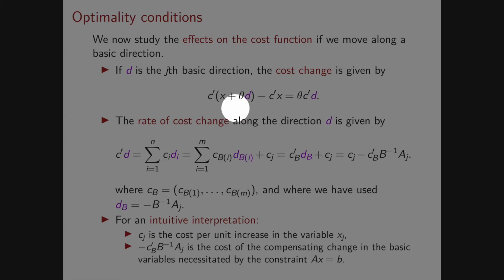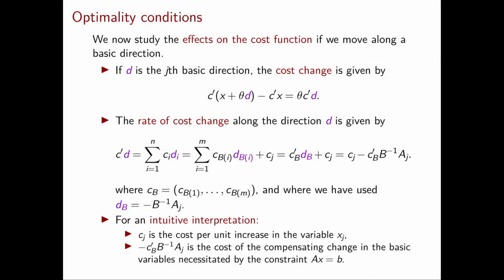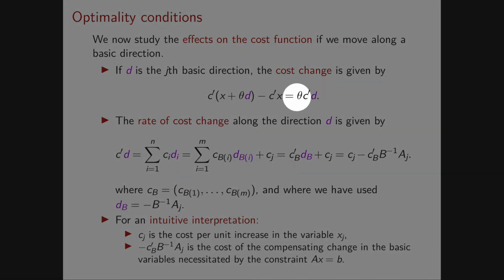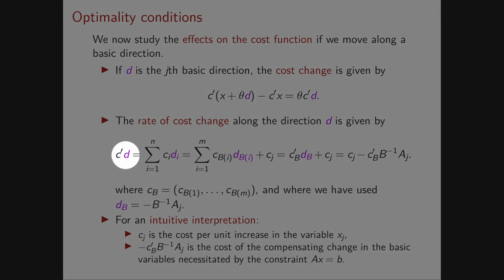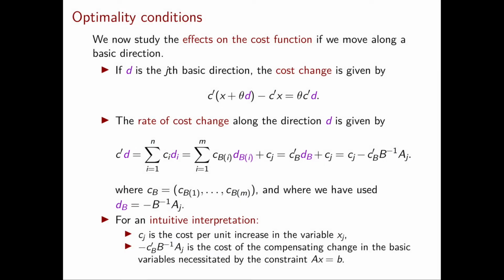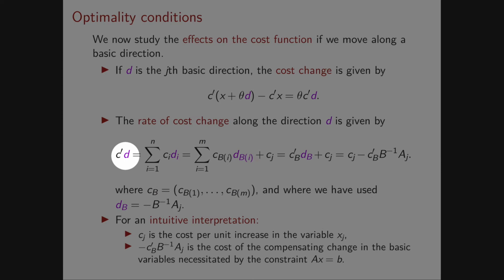So we want to focus on the rate of cost change, which is the cost change along that direction if we set theta equal to 1. And this is exactly C transpose d. Now we can use our knowledge of the algebraic expression of d to figure out exactly what this number C transpose d is. Once again, the first thing we want to do is break down this scalar product into its components.